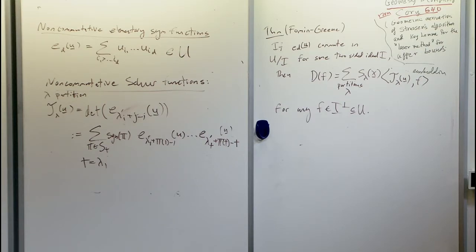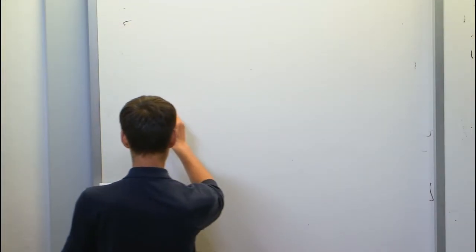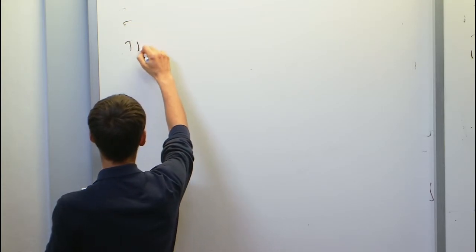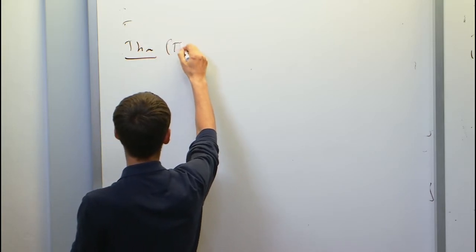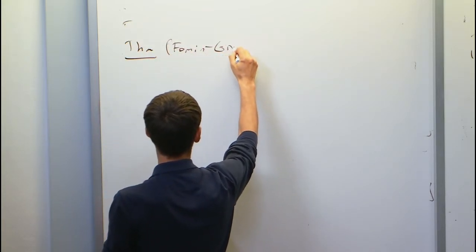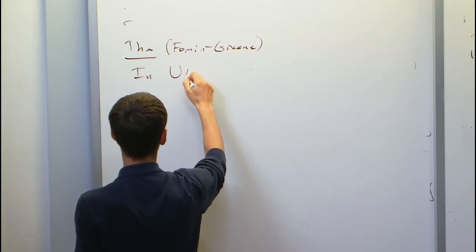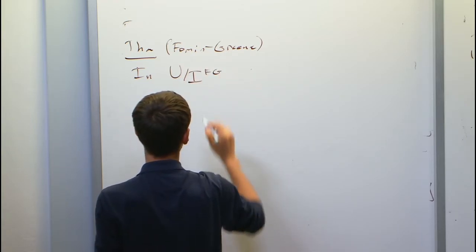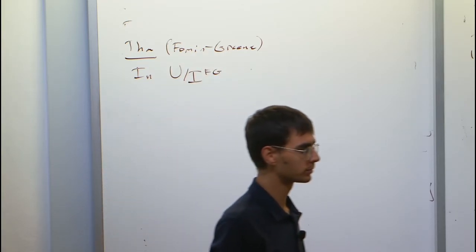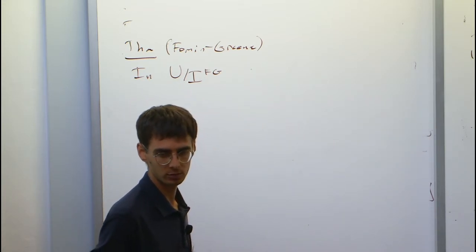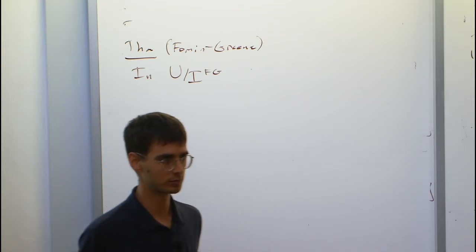So in a certain quotient of U by these Fomin-Greene relations, this is in figure 2 of your handout.